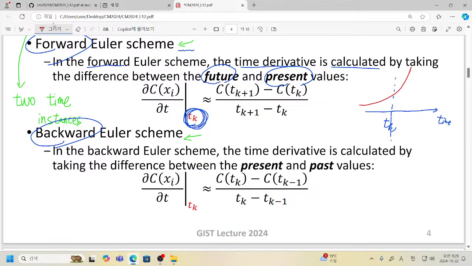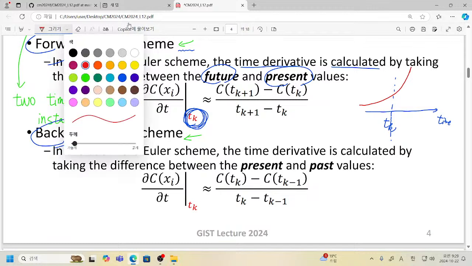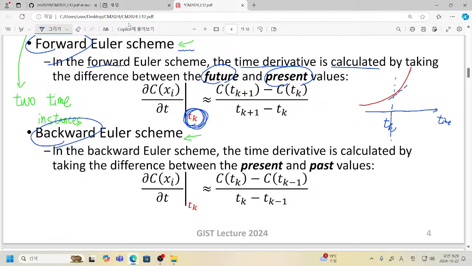In this case, if we follow the Forward Euler scheme, then the derivative of this function is calculated by taking the values at this present point and another value at t sub k plus 1, the future value, and the finite difference between them is used to calculate our time derivative.